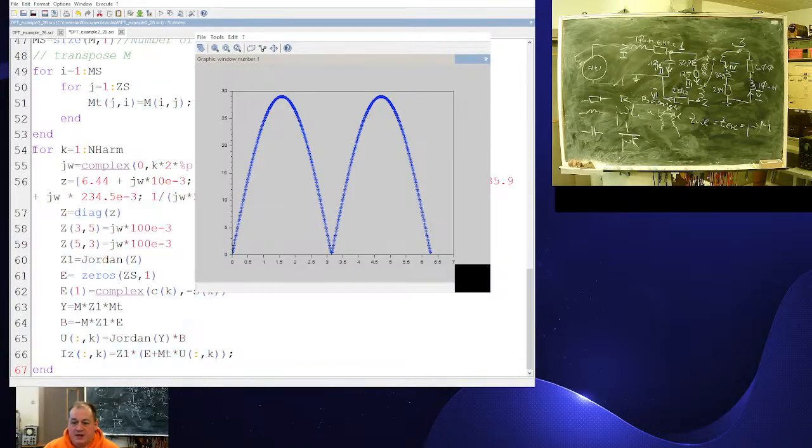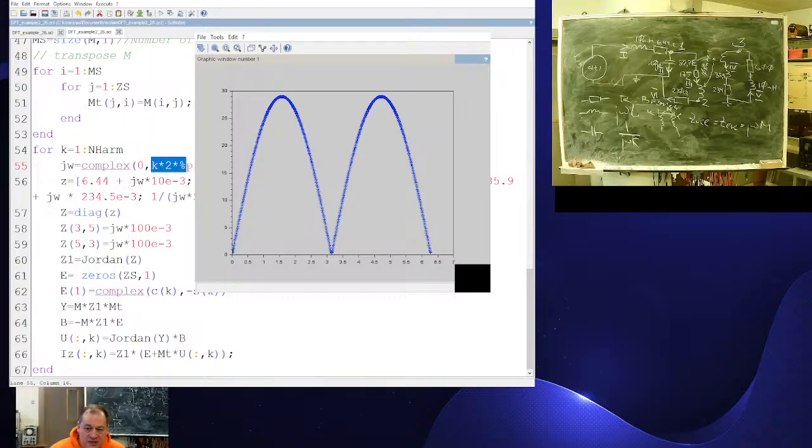What's here? See? Cycle from 1 to number of harmonics. I will need to perform my calculus for any AC regime, for any AC harmonic. At this moment, I have 50 of them. So for each one, I will need to perform network solution. Here, complex creates a complex number from 0.